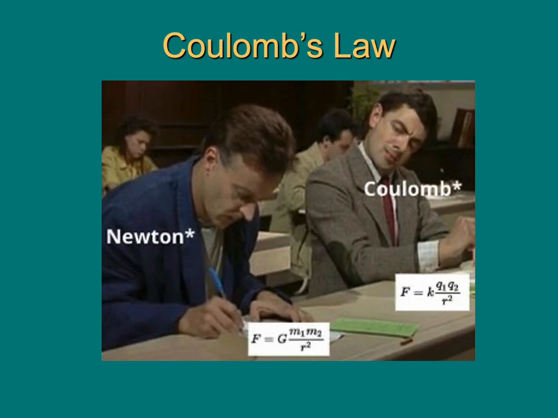And then Cavendish used the torsion balance invented by Coulomb to measure the gravitational constant G in this equation. So actually, Cavendish copied Coulomb.